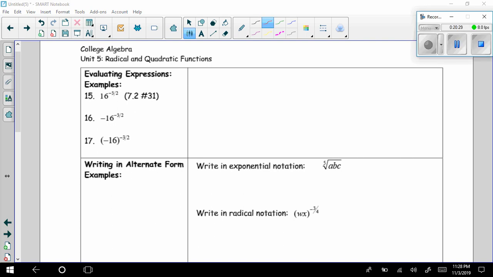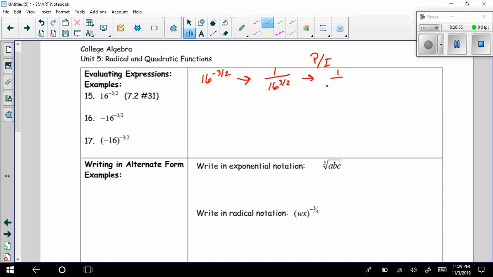Okay, so moving into negative exponents, we talked a little bit about those last time. Same thing here. If we have 16 to the negative 3 over 2, in order to make that a positive exponent, we will take the reciprocal. And then we will remember again that it's power over index, and we can rewrite this in radical form to help us evaluate it.